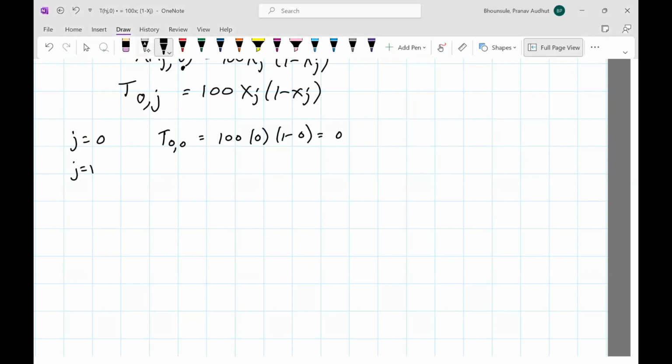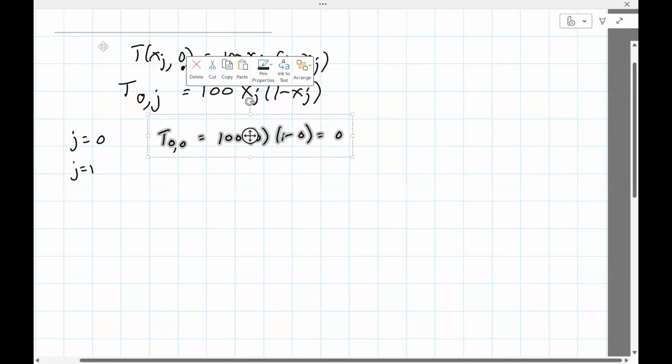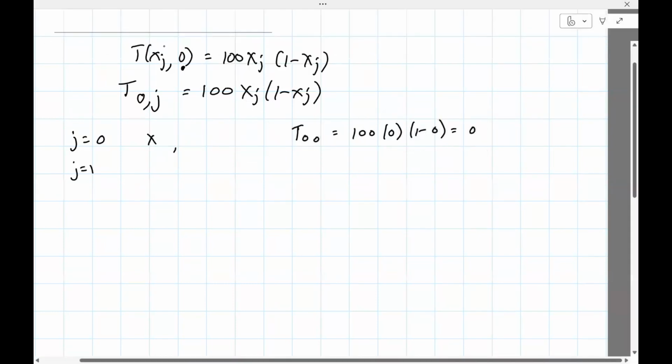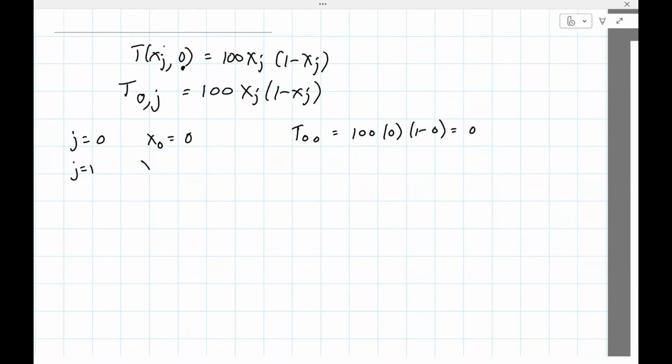What I should do is make it even more clear. x0 is 0, x1 is 0.25.